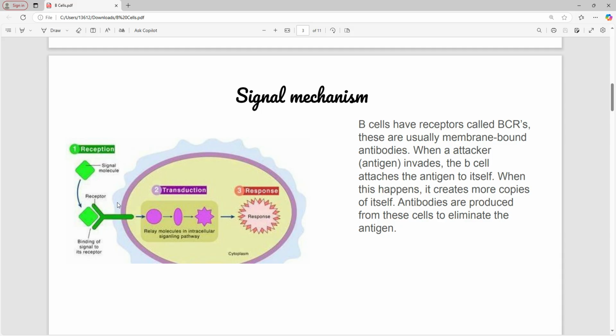When this happens, the B cell goes through a response and eventually copies itself into more B cells. These B cells produce antibodies to effectively remove the antigen it has connected to.